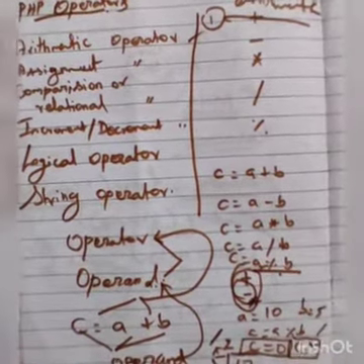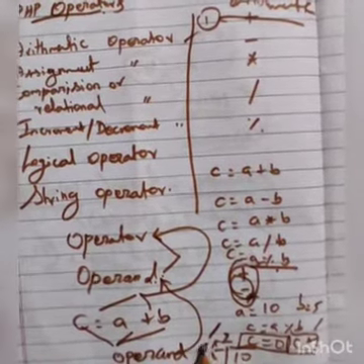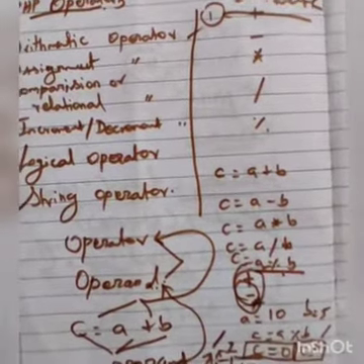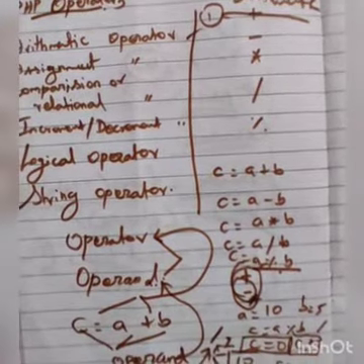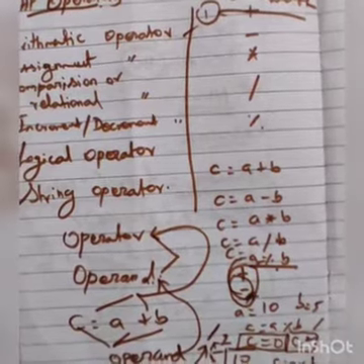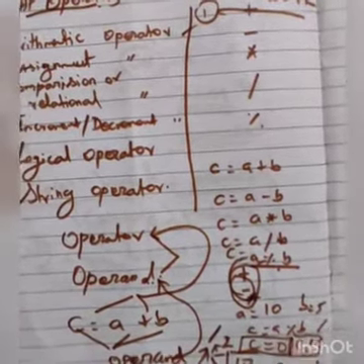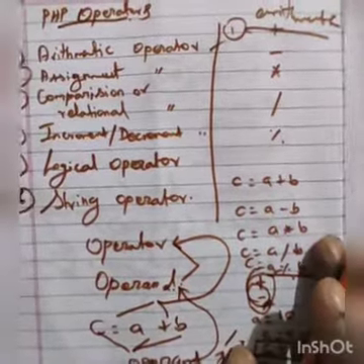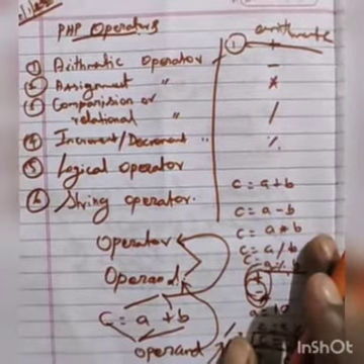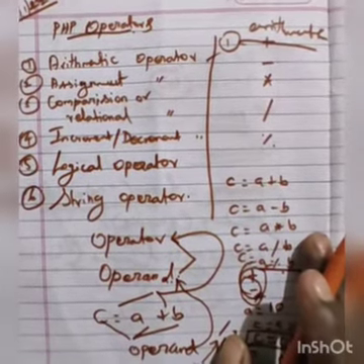So if you use A/B, this answer will come. If you use C is equal to A modulus of B, this answer will come. So this is 0, this is 2. This is the difference between division and modulus.